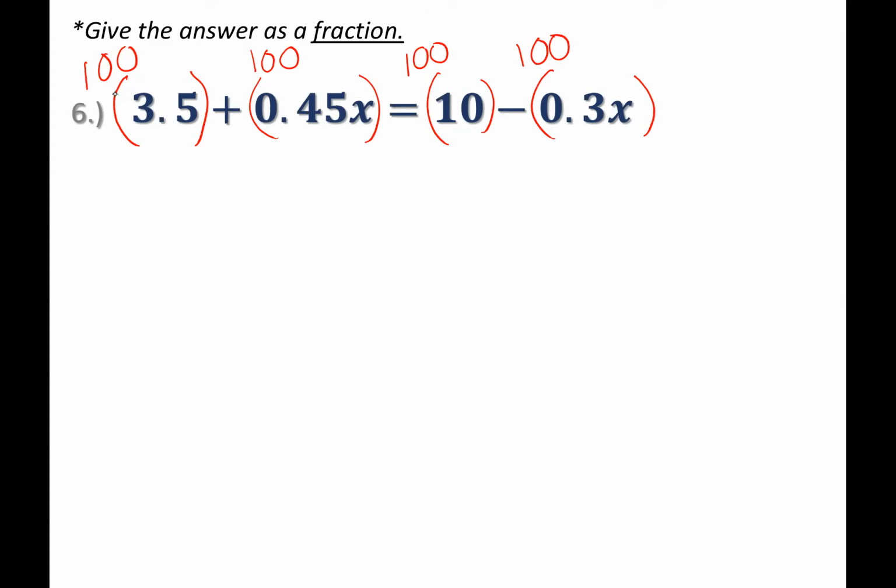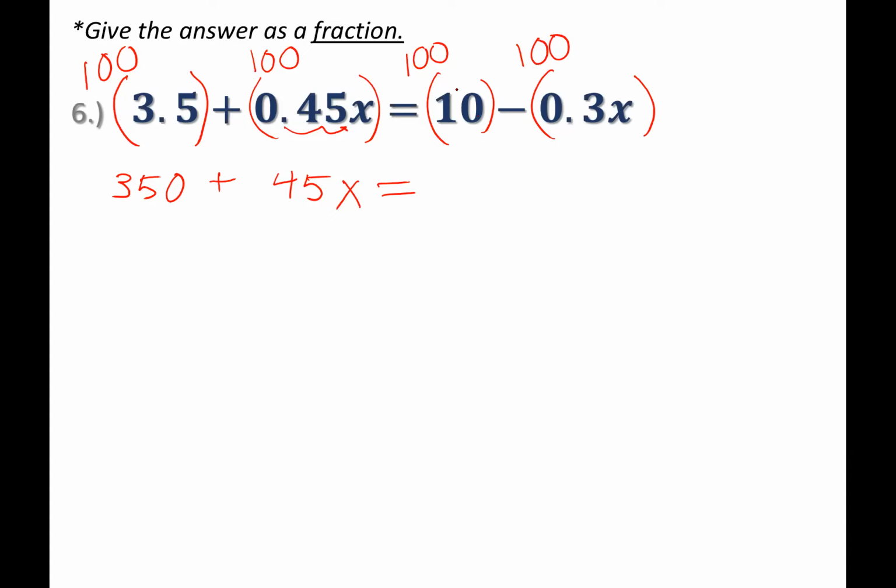All right, so let's carefully multiply each of these terms by 100. 3.5 times 100, that's 350, plus 0.45x times 100, that decimal gets moved twice, that will now become 45x equals. Now this number was already a whole number, but I still need to multiply it by 100.